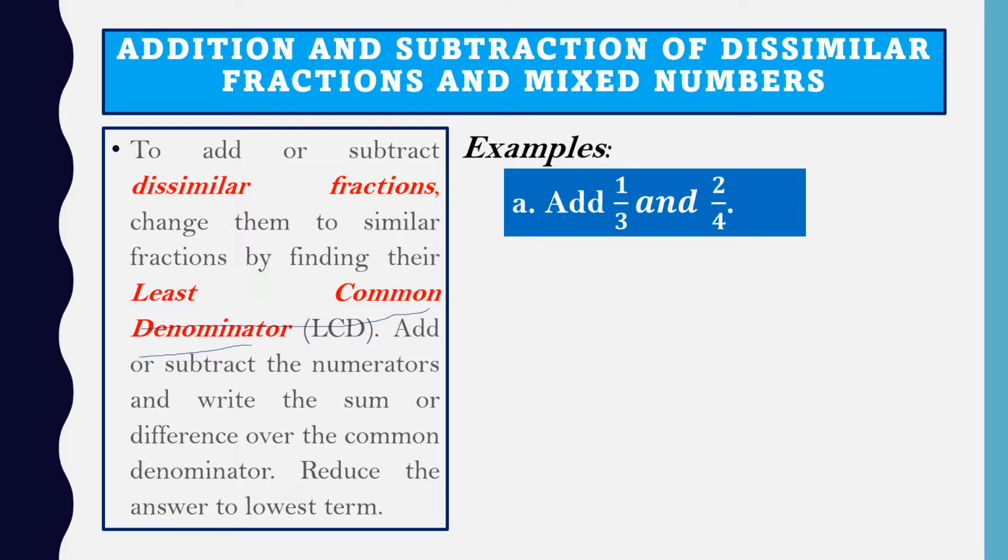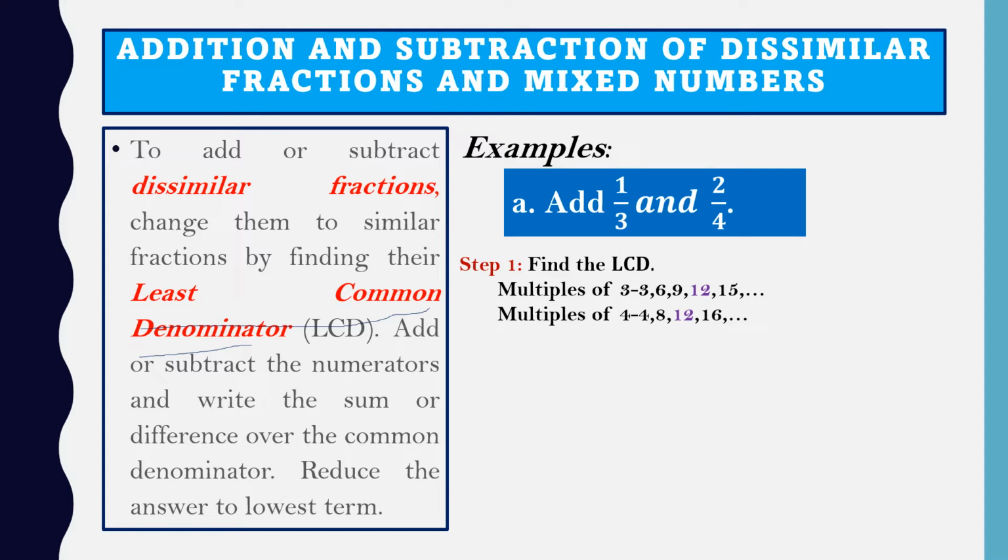We have here the fractions 1/3 and 2/4. We are going to add them. Unlike what we've done a while ago, we cannot just add 1 plus 2 and then 3 plus 4. That is wrong. We have to make them similar fractions by finding the LCD.